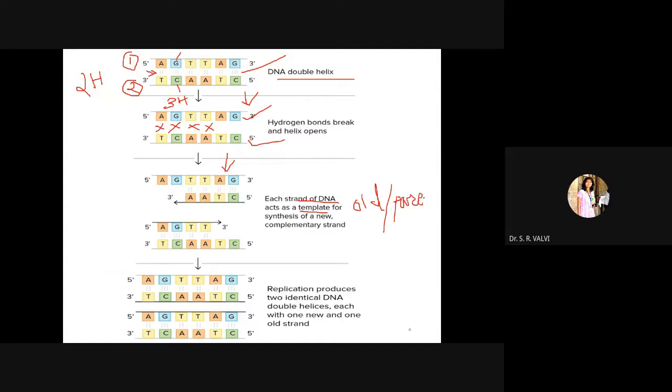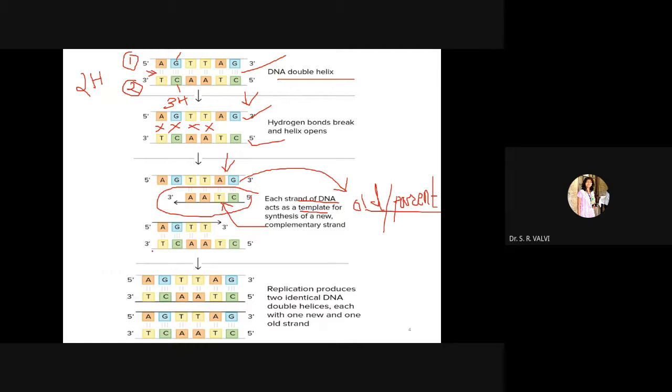It acts as the template strand for the newly synthesized molecule. So this is our old, or parent, or template strand. The new strand that is going to form is a complementary strand, right?